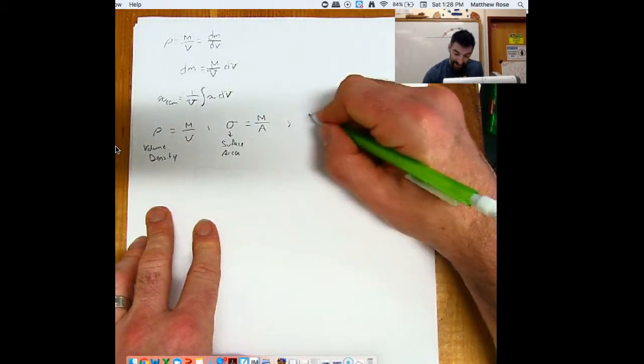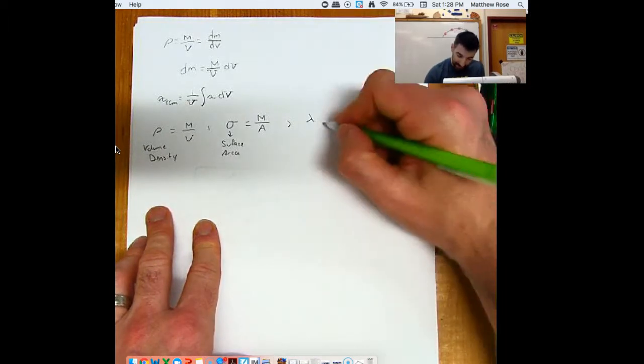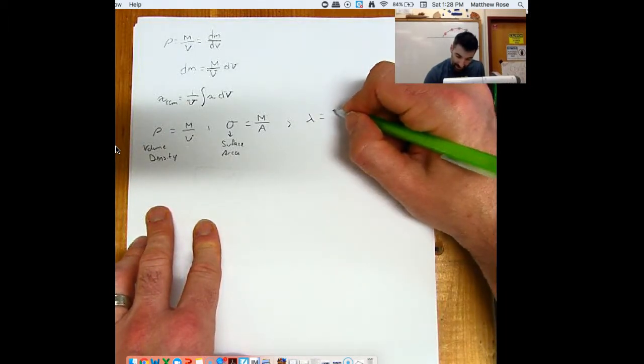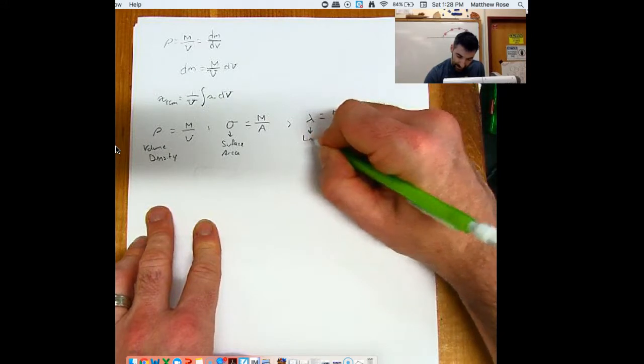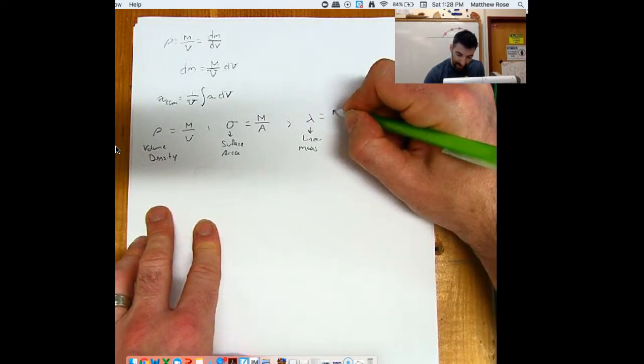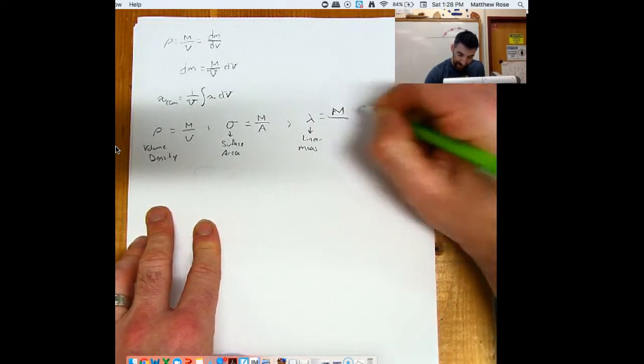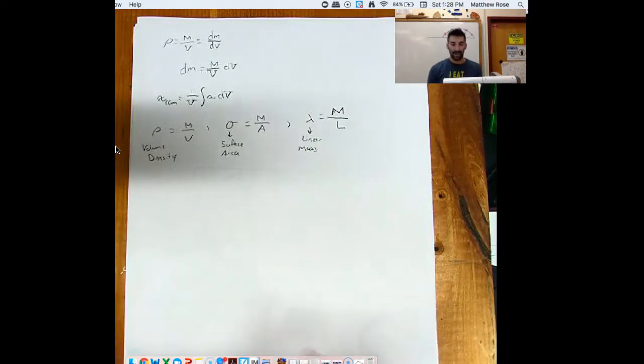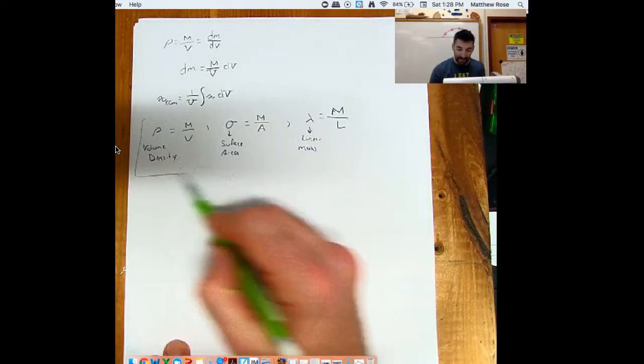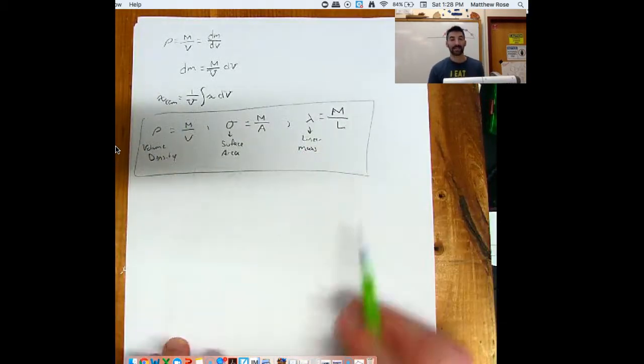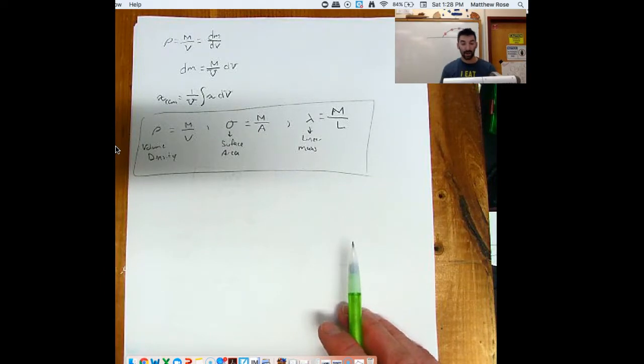And then we have a linear mass density, which is given to us by lambda. I should write linear mass. And that means we have a uniform mass per unit length. So that is something that is just long and super skinny, mass per unit length. These three density relationships are what we're really going to work to exploit.